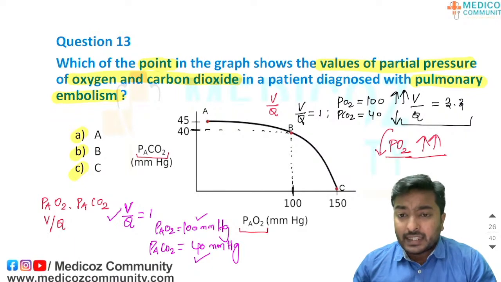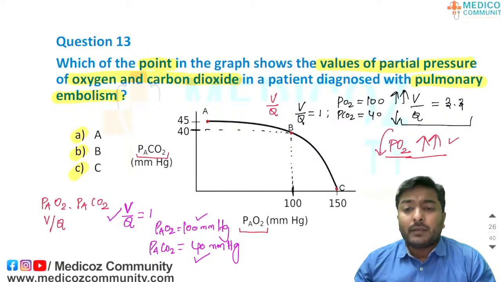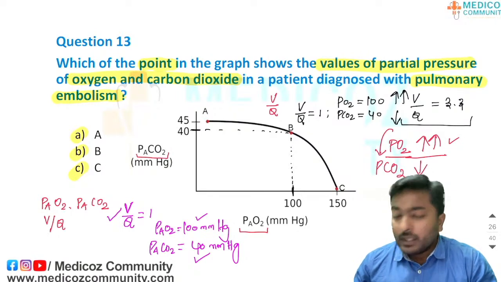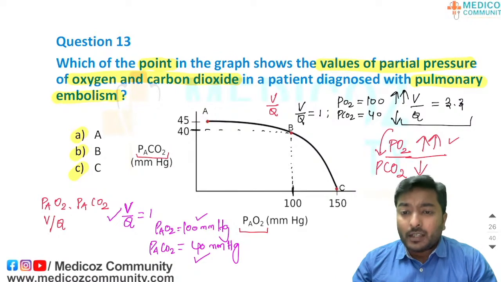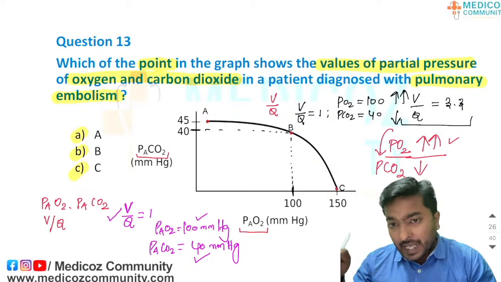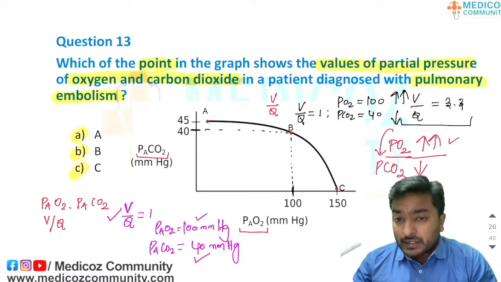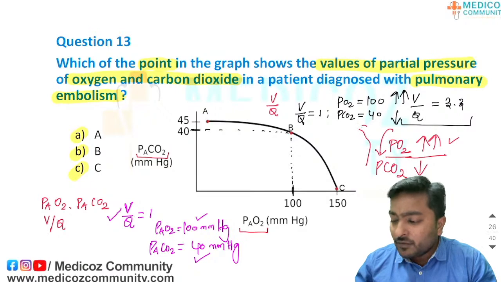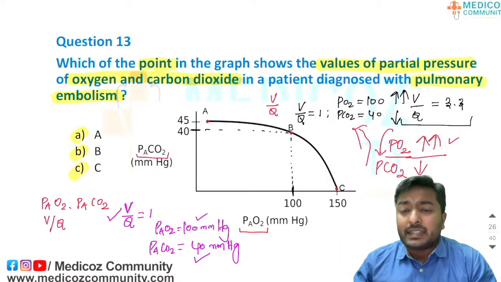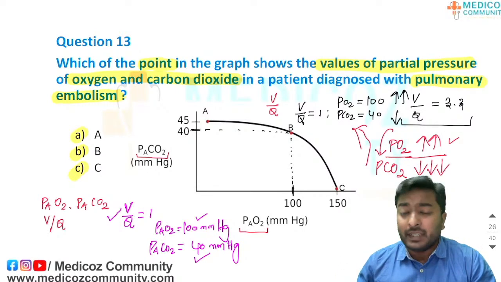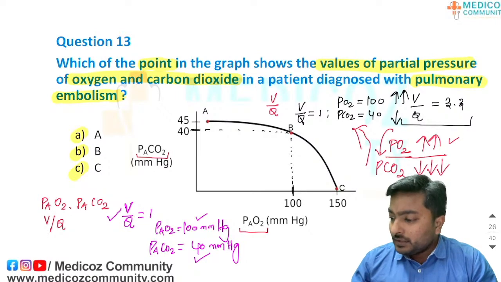If the PO2 is highest in the apex, then what will happen to the CO2 value? The CO2 value will be very low, because only a very small amount of CO2 reaches the alveolus in the apical part of the lung, and because of the higher ventilation, the CO2 gets easily washed away. So there won't be much CO2 partial pressure developing in the alveolus. Can you find the point in this graph?